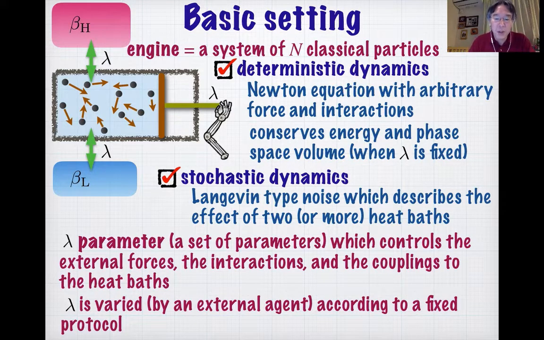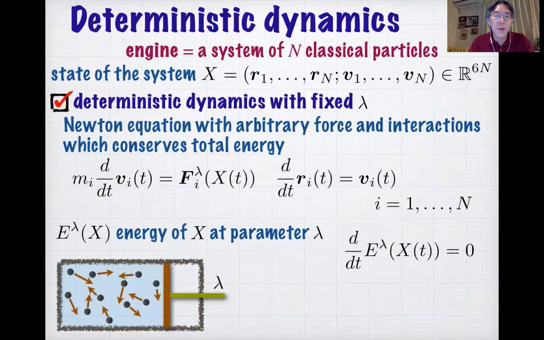So this is the basic setting, and let me be more precise. This uppercase X denotes the total coordinate of the system. System means engine, and it consists of all the coordinates and velocities, okay? And let me start from deterministic dynamics with fixed parameters.